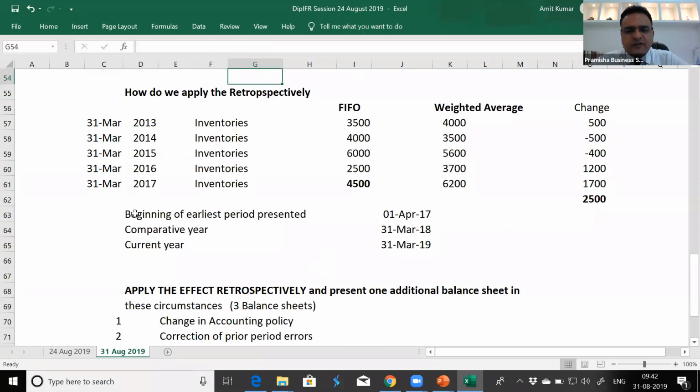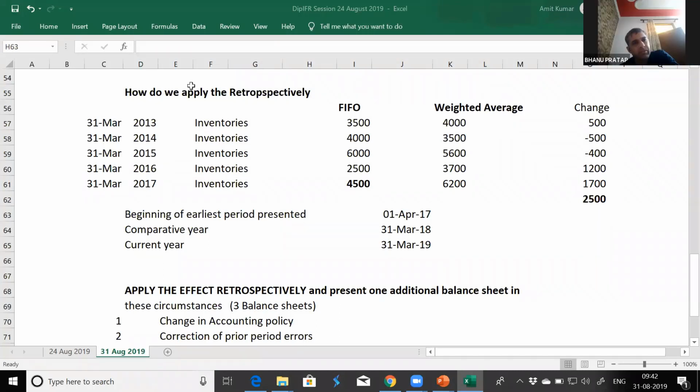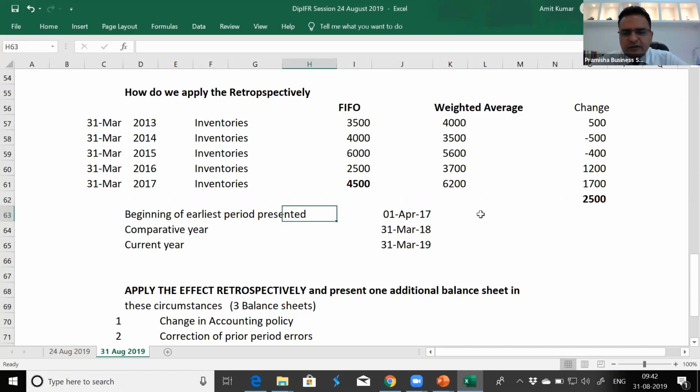What difference does it make to the lives of people? What will be the value of? Please keep on mute. What will be the value on 1st April 2017 of inventory?